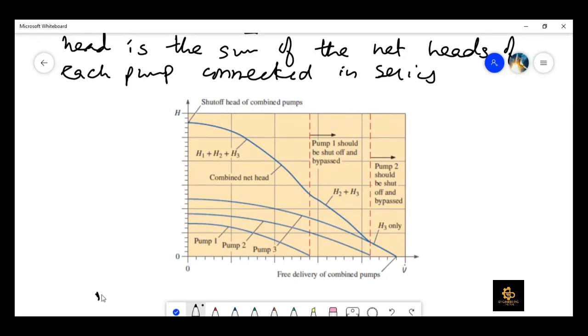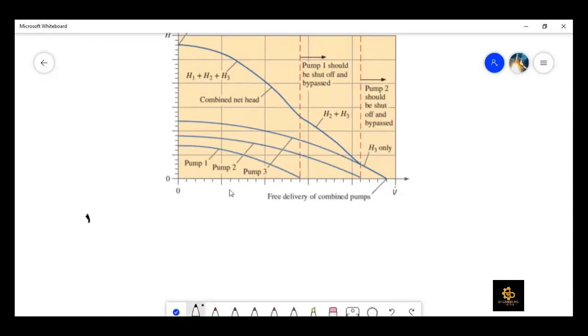Now here you can see the three pumps which are installed. From this figure, if you want to know which pump is the larger one, that would be pump 3, because it can have the highest volume flow. It can operate over a wide range of volume flows. So it means that it is the largest one, right?